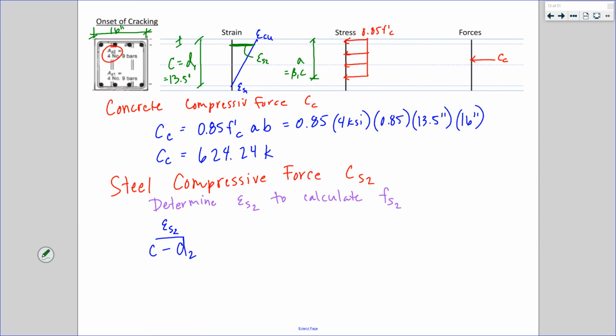This distance here to that strain, where's a good place to draw it? I should probably draw it here, is D2.